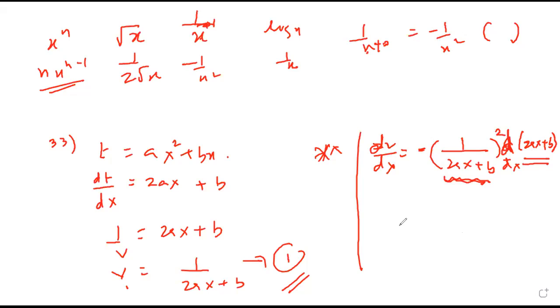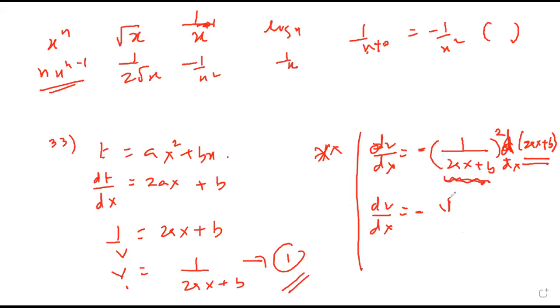Yes, both are followed. Yes, sir. My dv by dx will become minus of what is 1 upon 2x plus b, is b, na? Yes. That means this is v square.